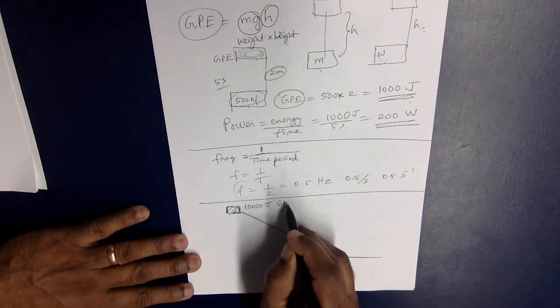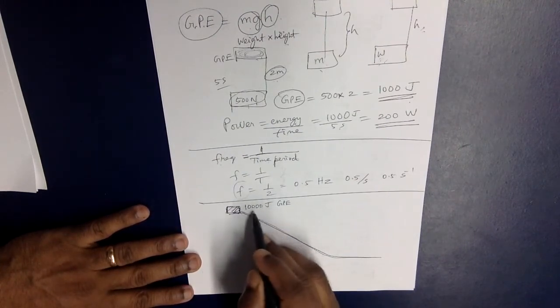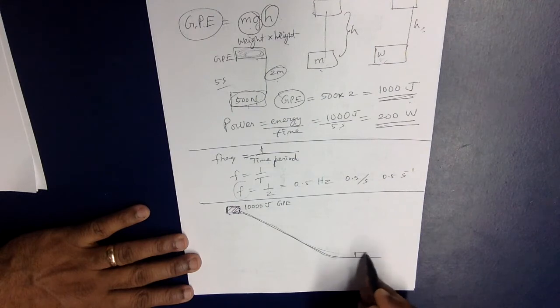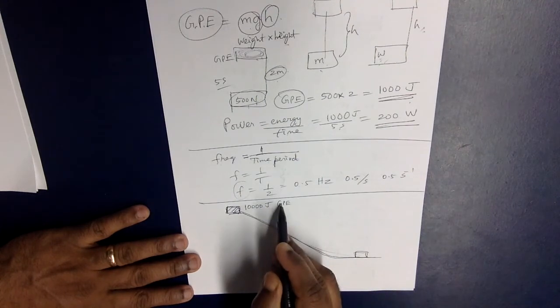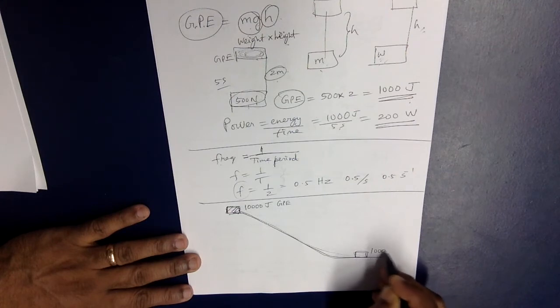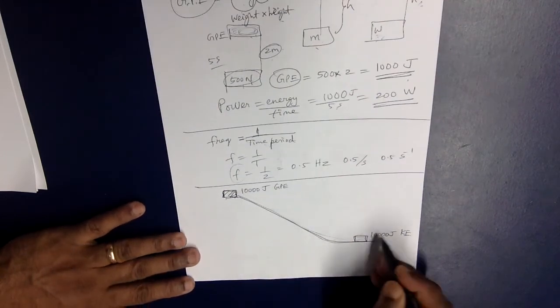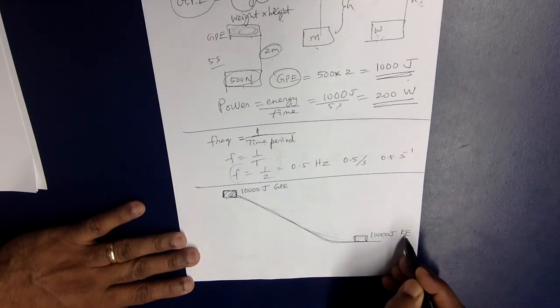This is gravitational potential energy. Now, if it rolls down all the way and comes here, it is losing the GPE, but it is converted into 10,000 joules of kinetic energy. So the kinetic energy at this point is going to be 10,000 joules.